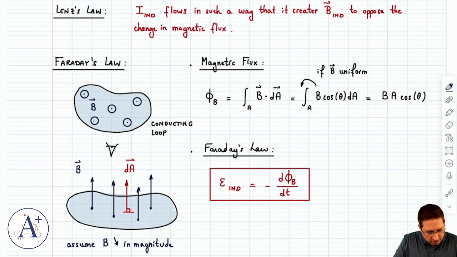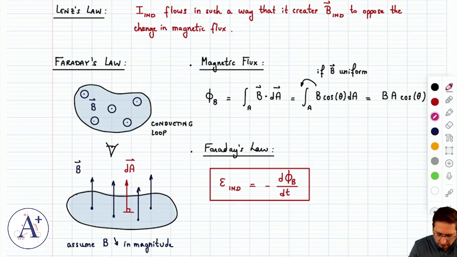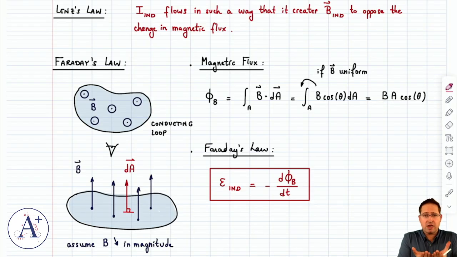Okay, so then if B decreases in magnitude, and I look at this thing here, my flux out of the page decreases, okay? Because B becomes weaker. If B becomes weaker, flux decreases. All right, now if B decreases and my flux out of the page drops, I need B induced to come out of the page to oppose the drop in magnetic flux out of the page.